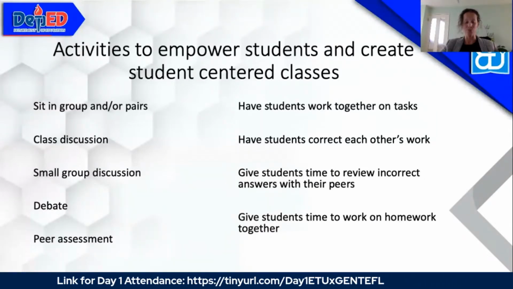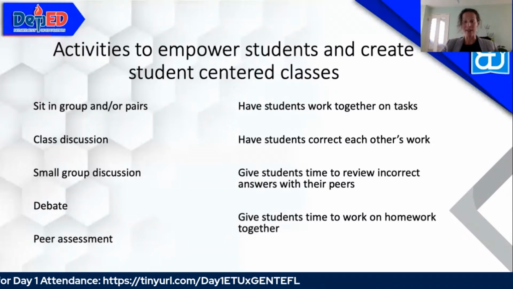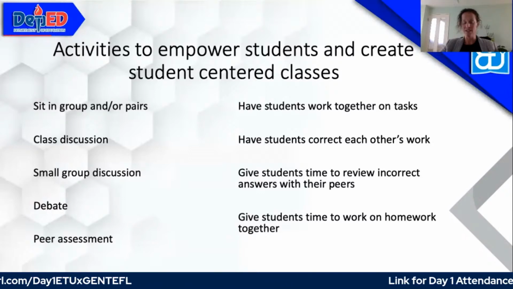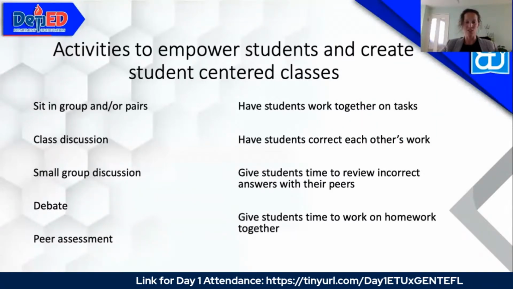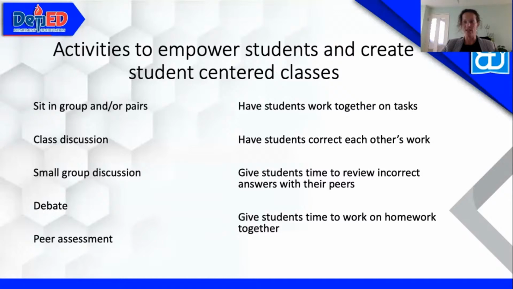Students really like doing peer assessment if it's set up well, and they really do care about what their classmates and peers think of them. They don't necessarily always want to know what teachers think of them. So if you can provide opportunities for peer assessment, they really like getting positive feedback from their classmates.